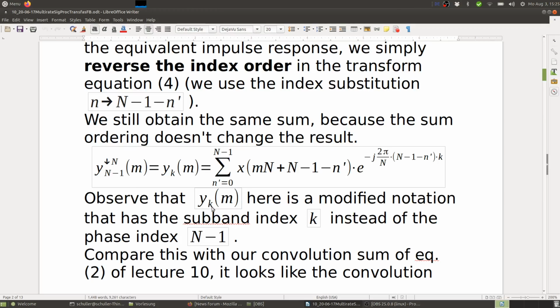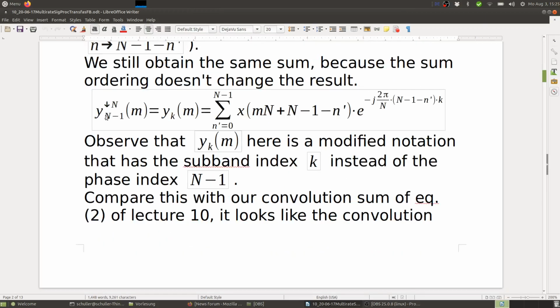And we simply drop this downsampling by a factor of N here, because we know that's what's coming out of the subbands when we deal with filter banks. So we simplify the notation, which keeps the relevant information.